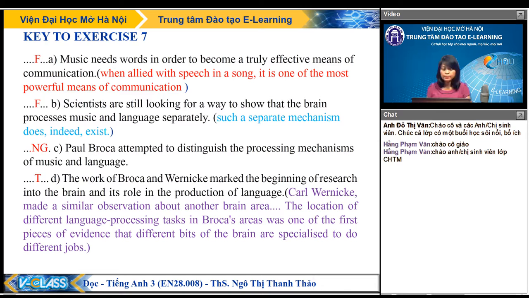Next one, C: Paul attempted to distinguish the processing mechanism of music and language. Sorry. You see that there's no information in the text about that. So that's the reason why C is not given.